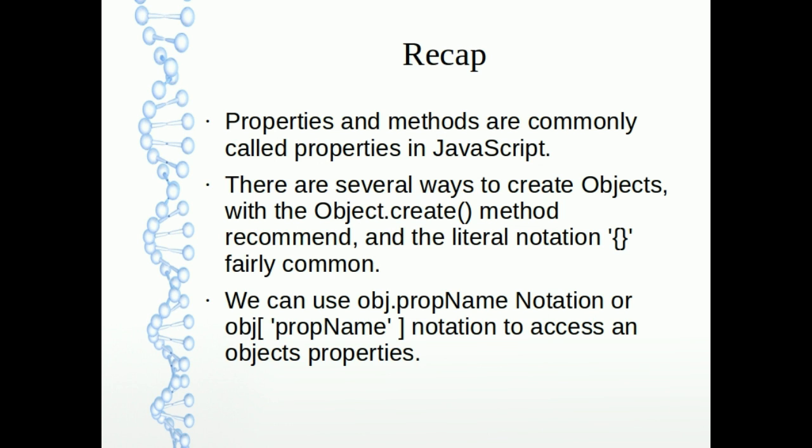To recap today's lesson, properties and methods are commonly called properties in JavaScript. There are several ways to create objects, with the Object.create method recommended and the literal notation fairly common. We can use dot notation or square bracket notation to access an object's properties. Trying to access a property that isn't there will result in undefined.